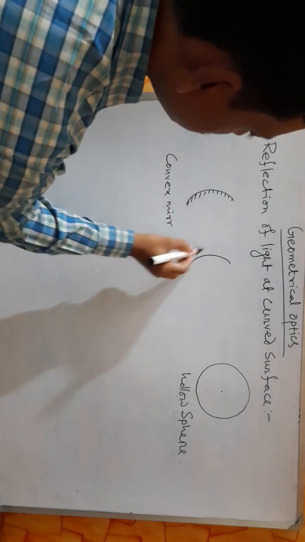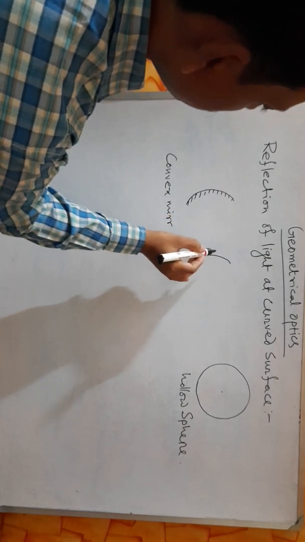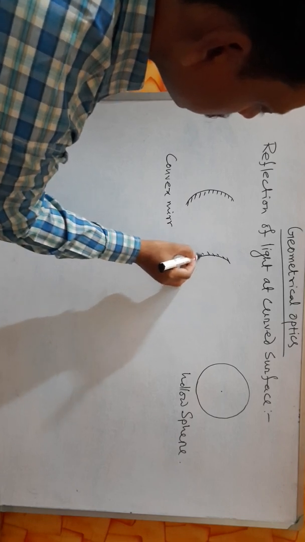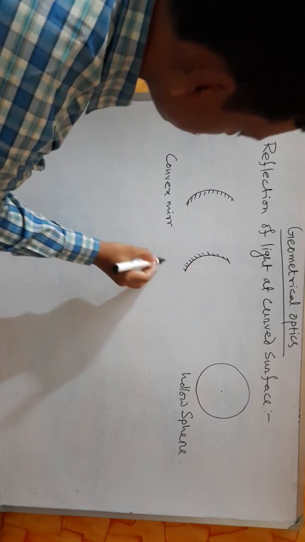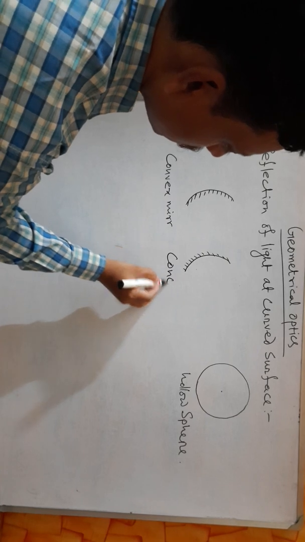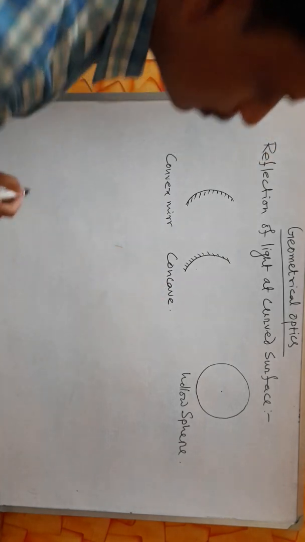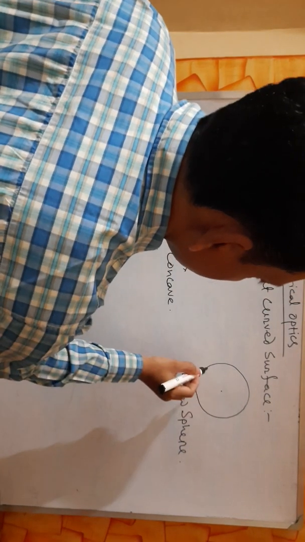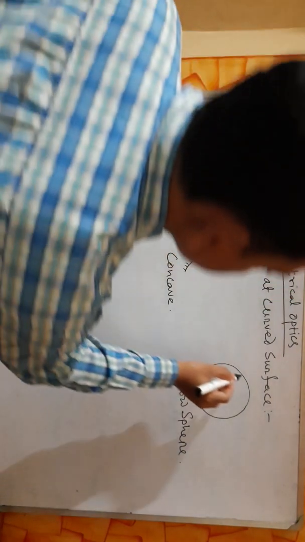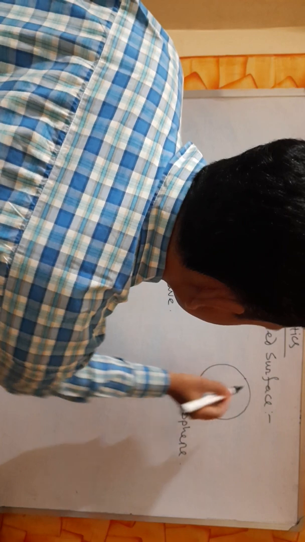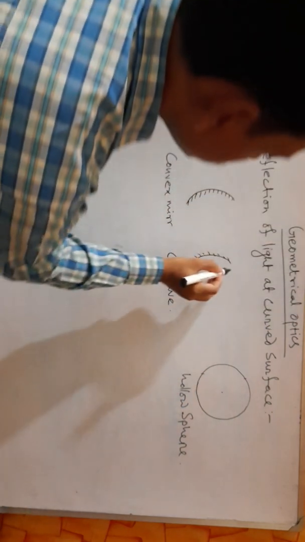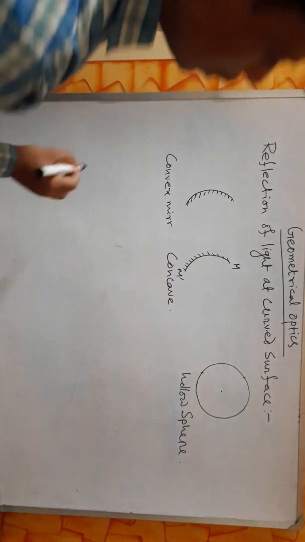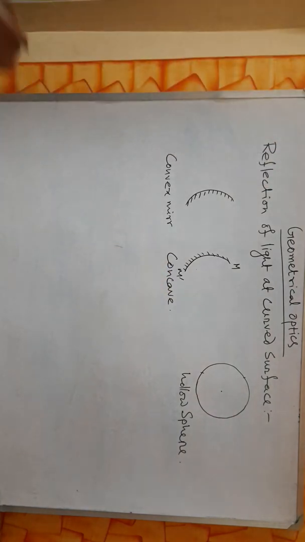And if this side is the silver, then the mirror is called the concave mirror. So a hollow sphere is cut to make a mirror, and there are some points.